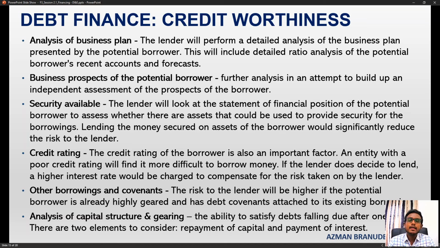So if you were to assess credit worthiness, or if you were to get a question on the SCS about the potential for the company to acquire debt financing, these are the key aspects that the lender would look at: your business plan, your business prospects, security, credit rating, any other borrowings and covenants, any previous commitments, and a thorough analysis of capital structure and gearing, for which we have a complete segment dedicated.